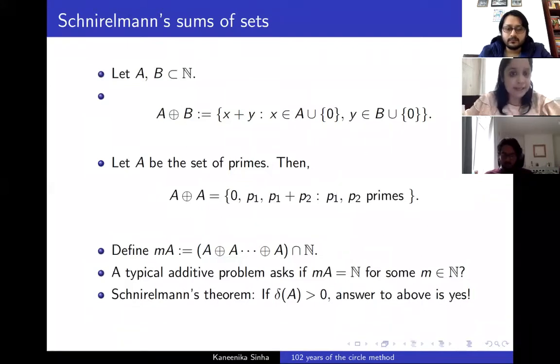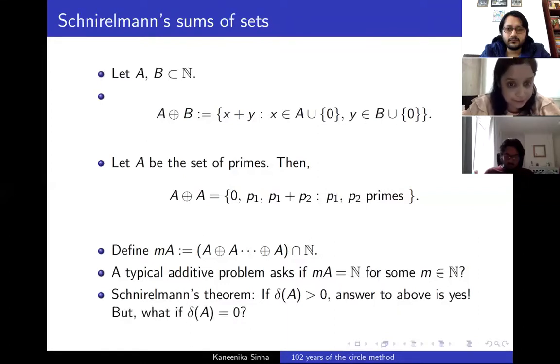Schnirelmann's theorem is a very remarkable theorem which relates this question to his notion of density and says that yes, if the Schnirelmann density of a set A is positive, then the answer to the above question is yes. However, if delta of A is equal to 0, then we don't know what happens.